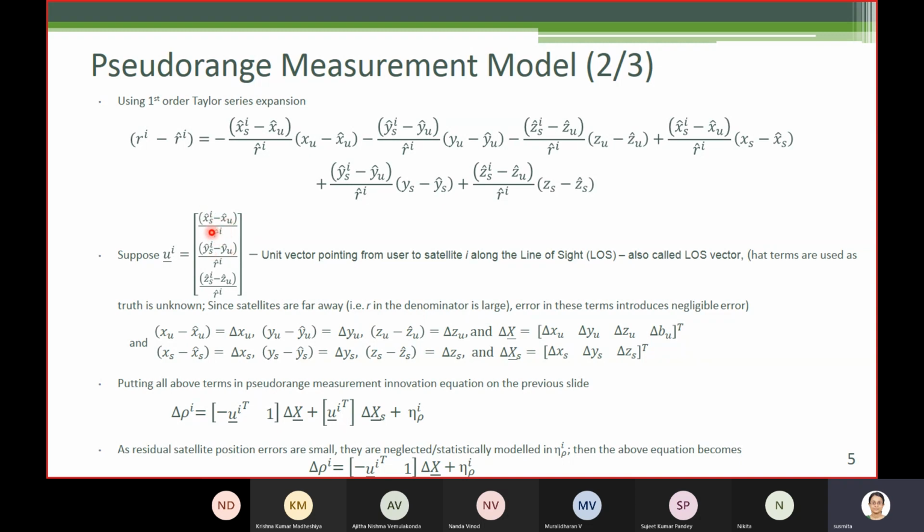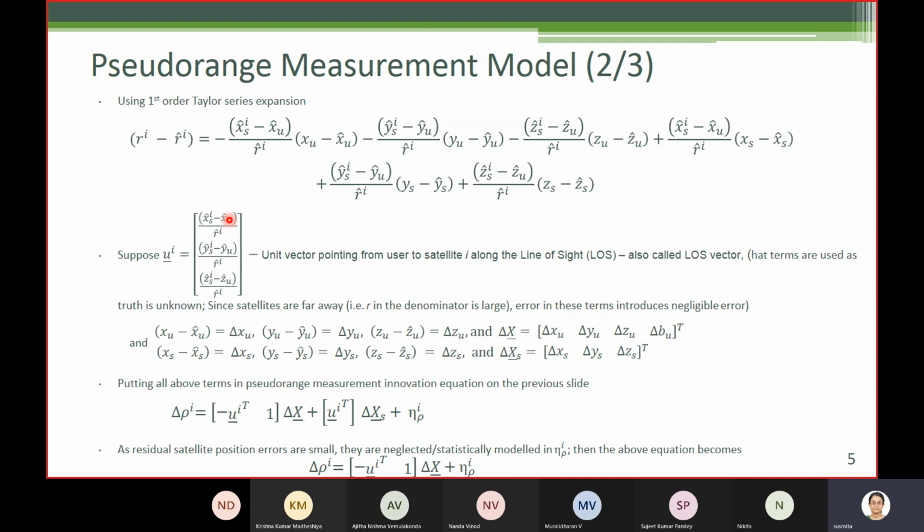It can be shown that the denominator is much larger. So any small error, how much error will you introduce in the numerator? Few meters. It will not be more than that because we know that the satellite position is accurate within a meter, and the user has to start with some reasonable guess, or with iteration it can go close to the truth. So the error will be a few meters, a few tens of meters at most we can take.